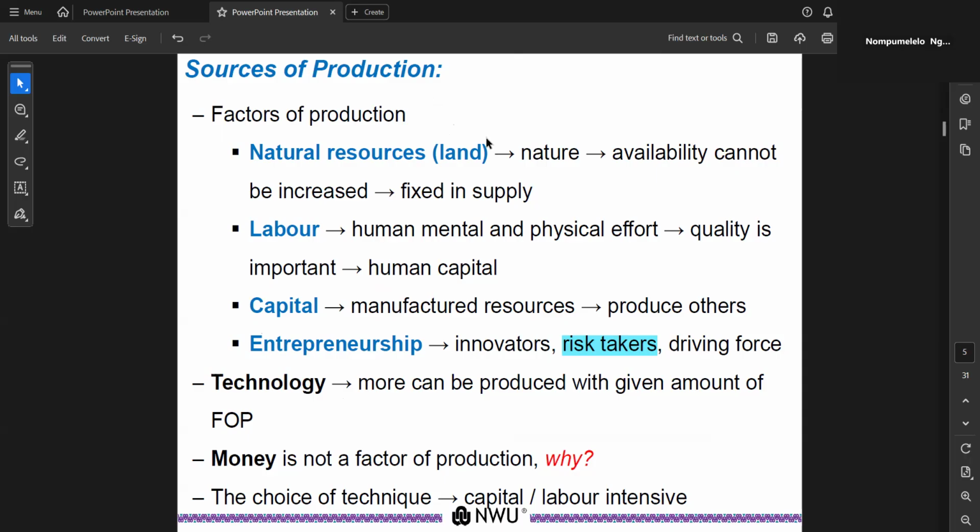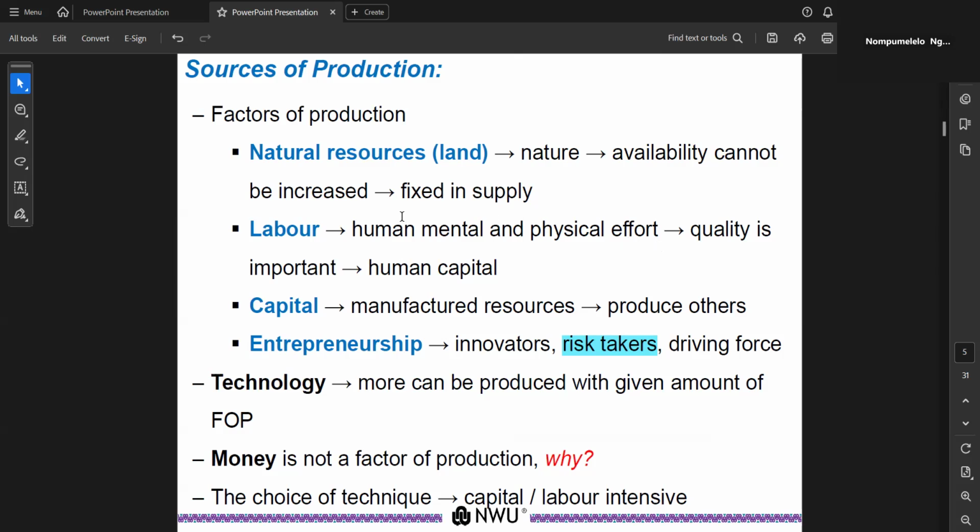So land is natural, its availability cannot be increased, so we cannot increase land. And then its supply is also fixed. Labor, we have human mental and physical efforts.